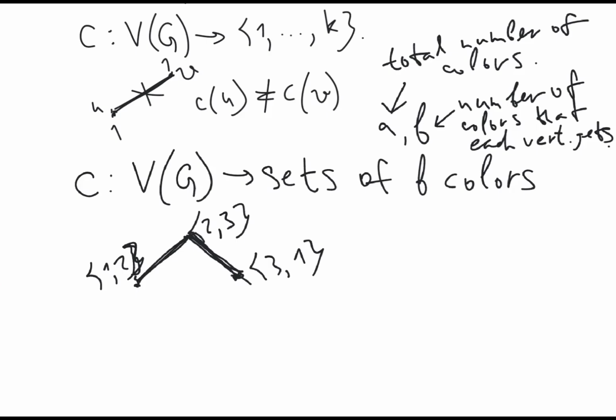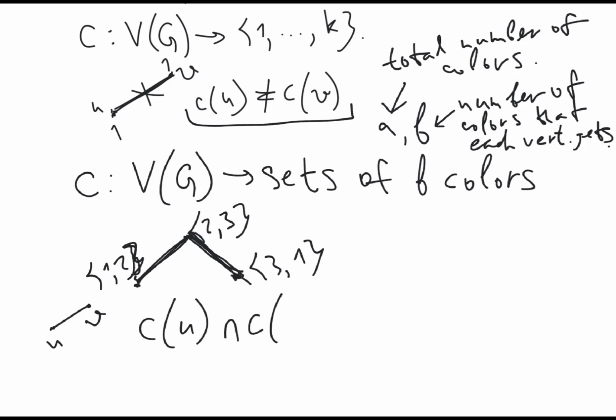Similar to the proper coloring, the condition is that if the vertices u and v are adjacent, then the sets c of u and c of v are disjoint.